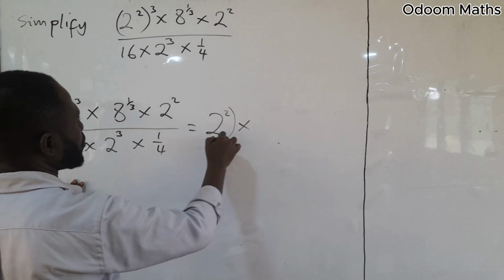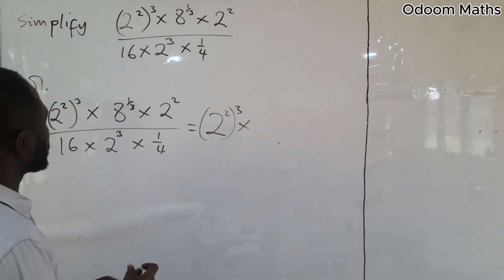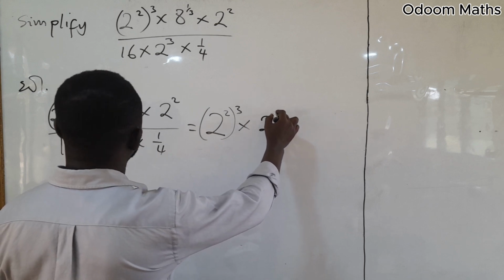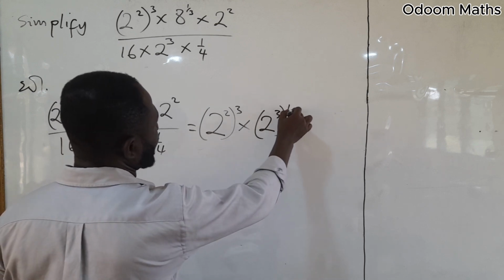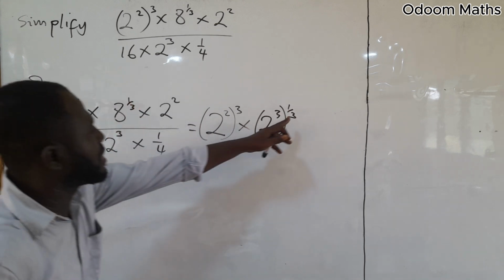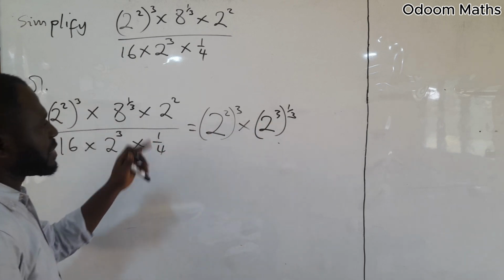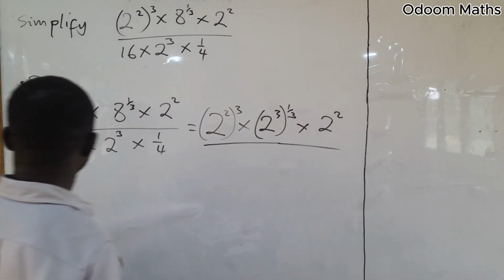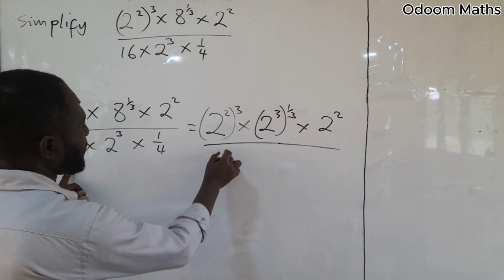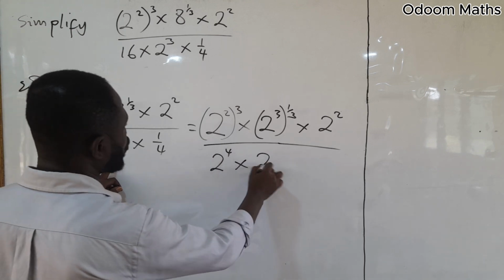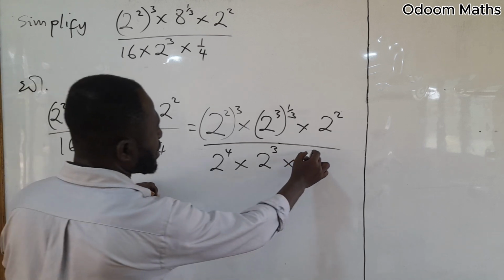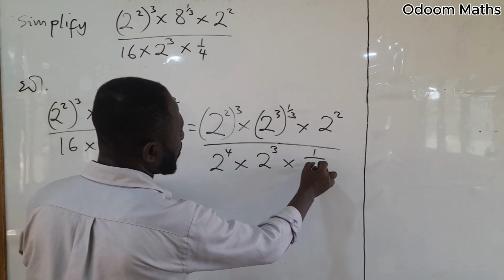So 2 to the power 2 all to the power 3. Okay, so we can change this to be 2 to the power 3 all to the power 1 over 3. The 1 over 3 is there already. Then 2 to the power 3 is 8 times 2 to the power 2, then all over 16, which is also 2 to the power 4, times 2 to the power 3, times, and 4 is 2 to the power 2, so we can say 1 over 2 to the power 2.